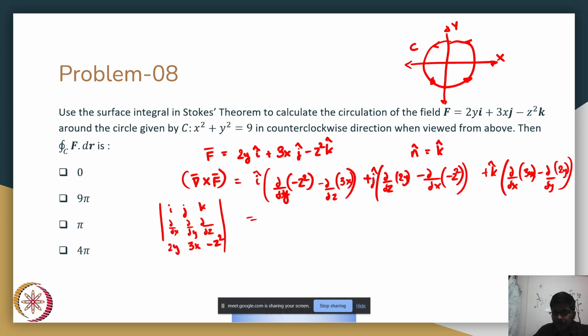The first two terms go to 0. So it is k hat times 3 minus 2, which is nothing but k hat.